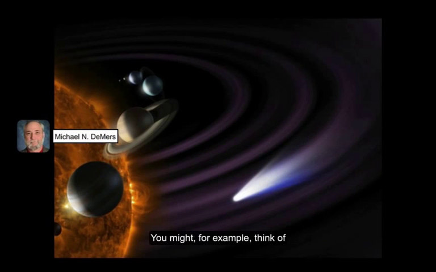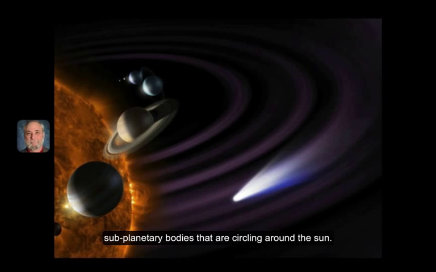You might, for example, think of a solar system comprised of all the various planets, the sun itself, and the other subplanetary bodies that are circling around the sun. That's one type of system.